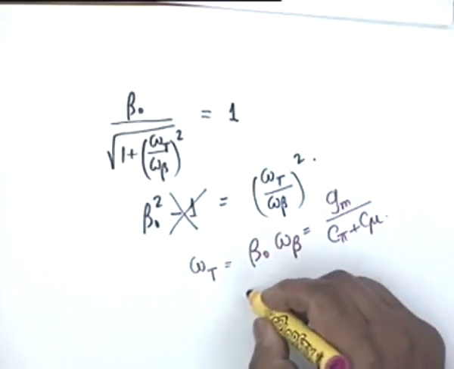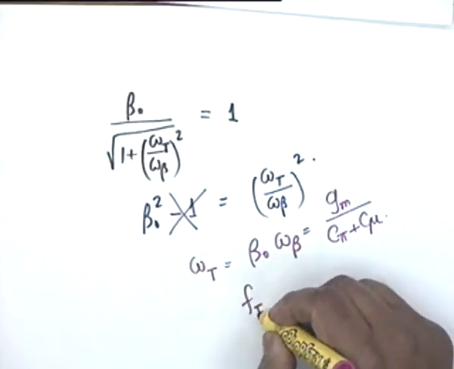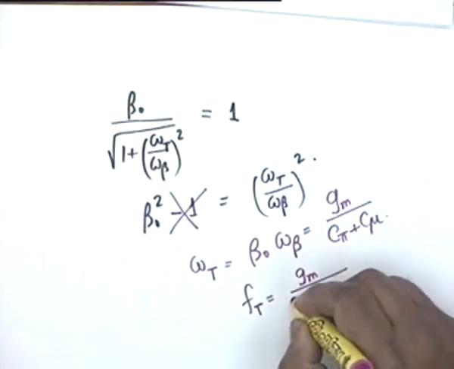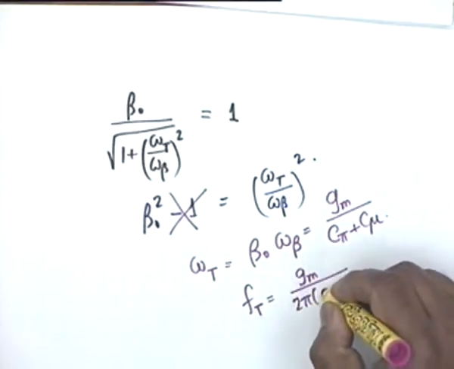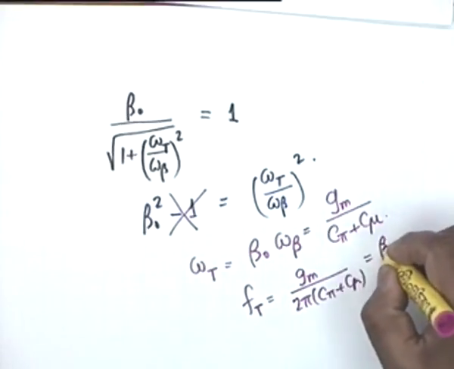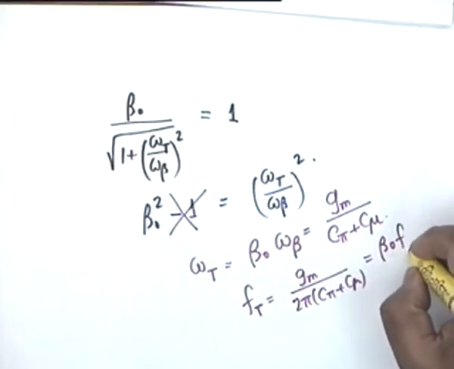Omega t is called the transition frequency, and you notice that the frequency in hertz is gm divided by 2 pi (c pi plus c mu), and this would be equal to beta 0 times f beta.